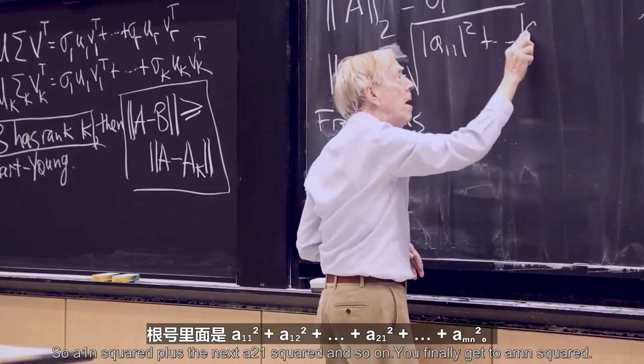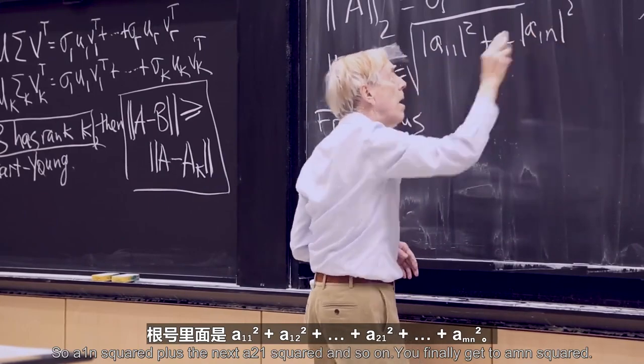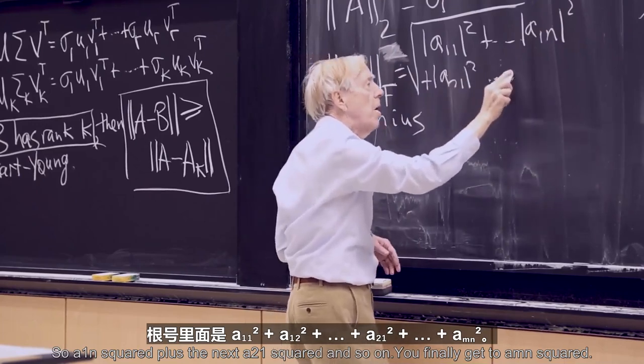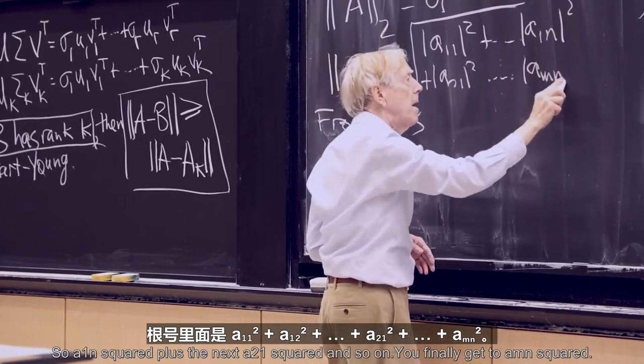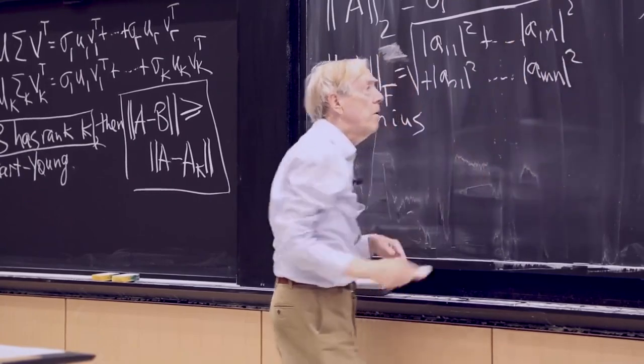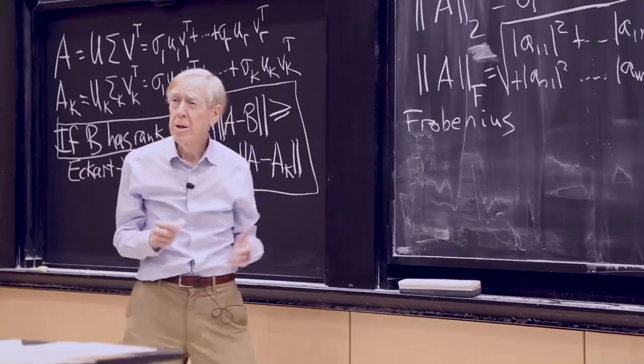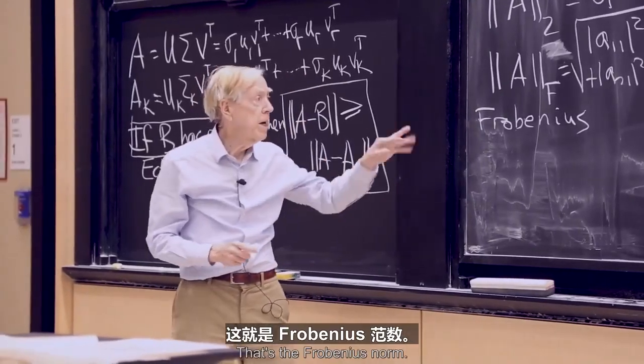A1n squared plus the next A2 squared, and so on. You finally get to AMN squared. You just treat the matrix like a long vector, and take the square root. That's the Frobenius norm.